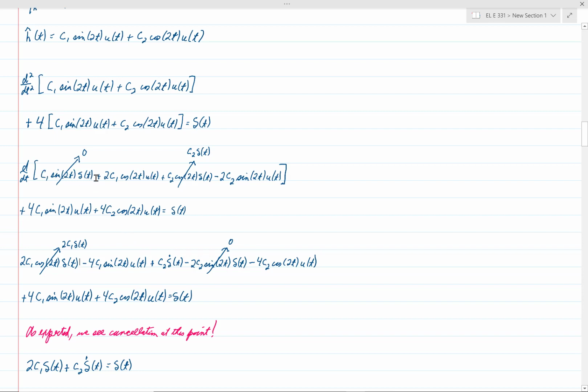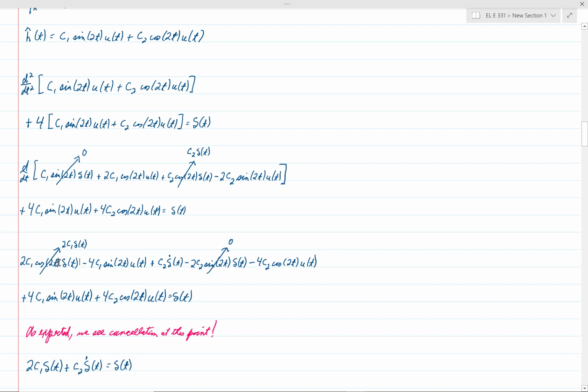In the first case, f of t is equal to c1 sine 2t, and so f of 0 is 0, so that goes away. I'm sorry, I skipped back to what we had done before. We should be looking at here. So right here, in this first case, f of t is 2c1 cosine of 2t.